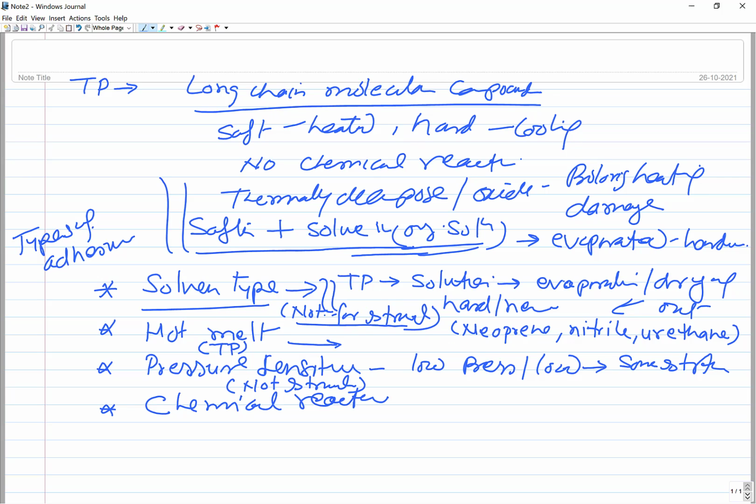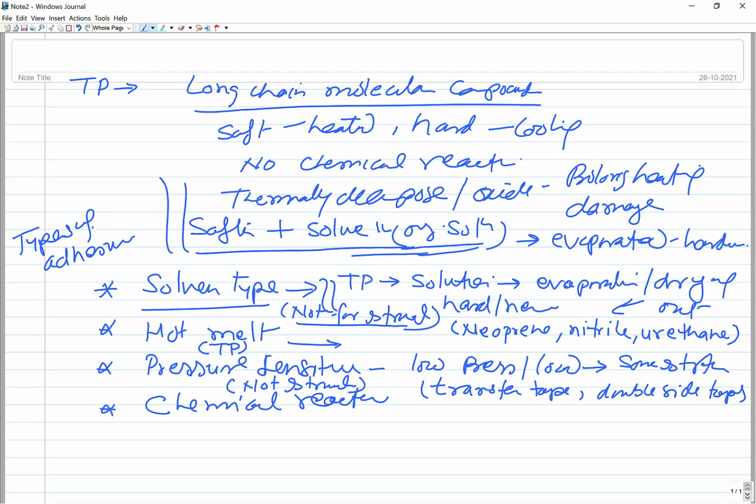So the solvent type is not good for structural application, hot melt type is also not good, and the pressure sensitive also not good for structural applications. These are used in the form of transfer tapes, and these are also used as double side tape.